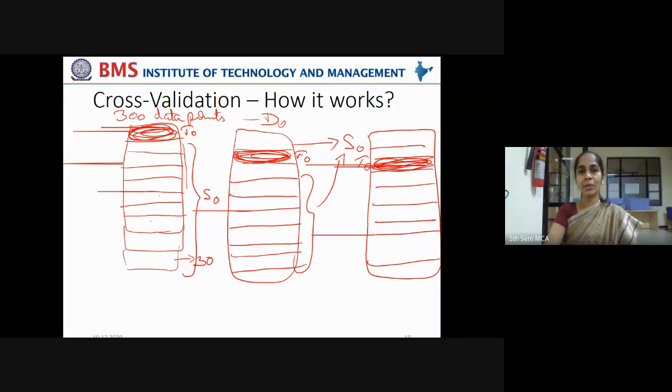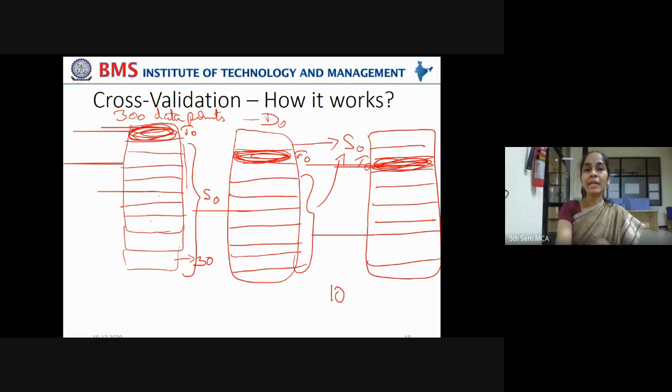Did you understand now? So this will undergo how many iterations in total? 10 iterations. Through these 10 iterations, each part of the data set undergoes training as well as testing.